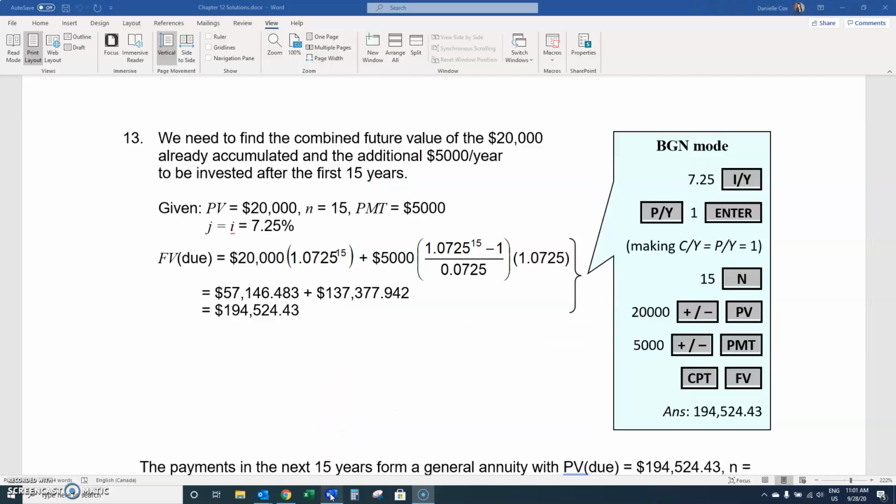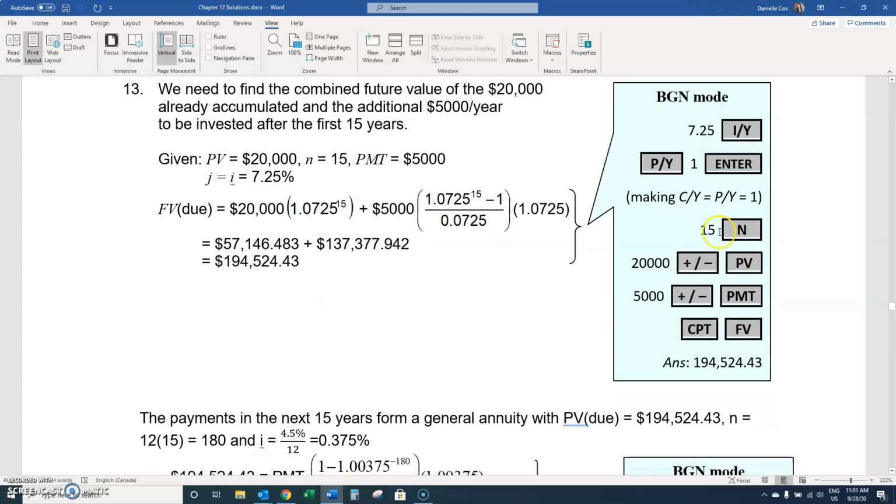Given that information, this is what we have in our calculator. It's set at beginning mode. 7.25 for the interest per year. Both the payments per year and the compounding per year are 1. 15 years at 1 payment per year, so just 15 payments. He's going to invest the $20,000, and then make payments of $5,000 every year.